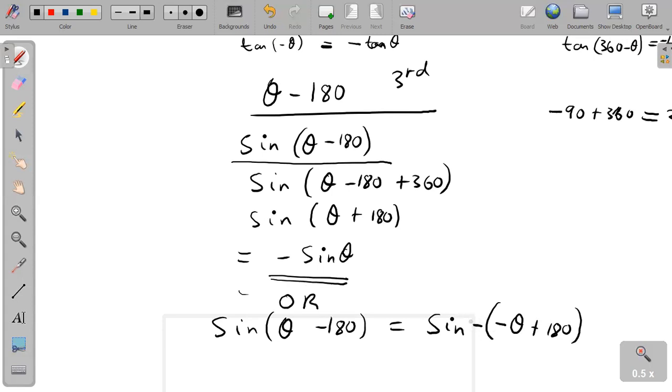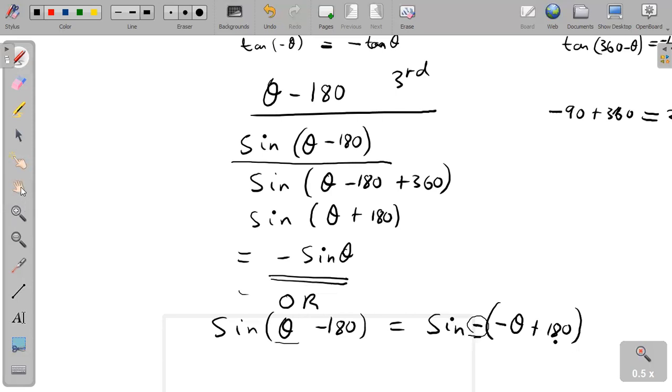If you multiply this negative back into the bracket, it should give you the exact result that you had before. If you say negative times negative theta, you're going to get the positive theta that you had. Negative again times positive 180, you should get negative 180 degrees. So you are back to where you were. So indeed, you have factored out correctly.